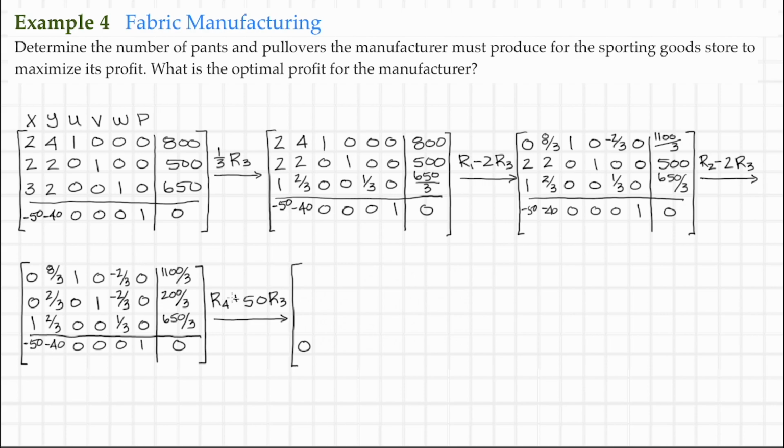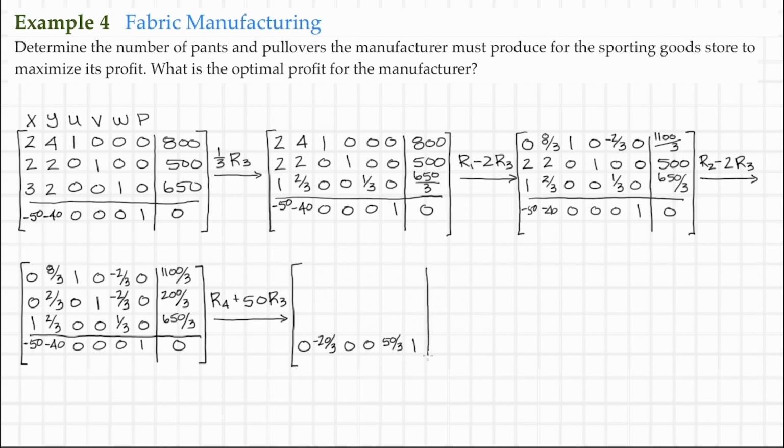Negative 40 plus 100 thirds, that's negative 20 thirds. 0 and 50 is 0, then 0, so we carry that over. 0, 0, and 0, carry that over. 1/3 times 50, that's 50 thirds, and 0 plus 50 thirds, that's 50 thirds. 0 and 50 is 0, so we can bring down the 1.